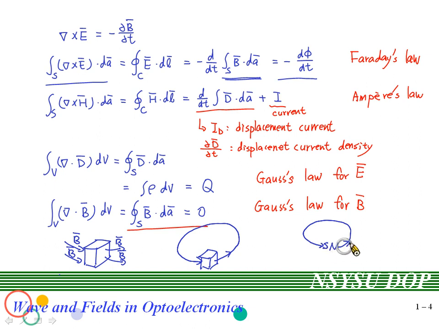Since the magnetic line is a closed loop, this means that the N pole and the S pole should be at the same point. So we can have the following conclusion: no isolated magnetic charge.